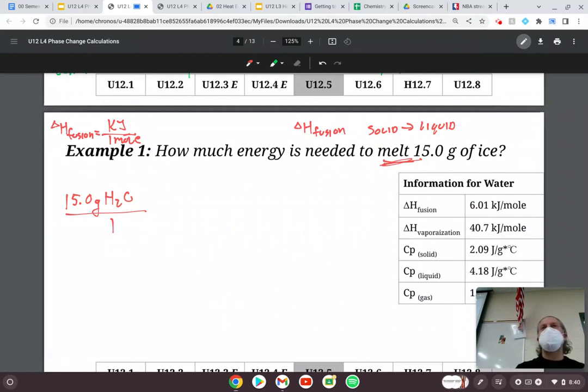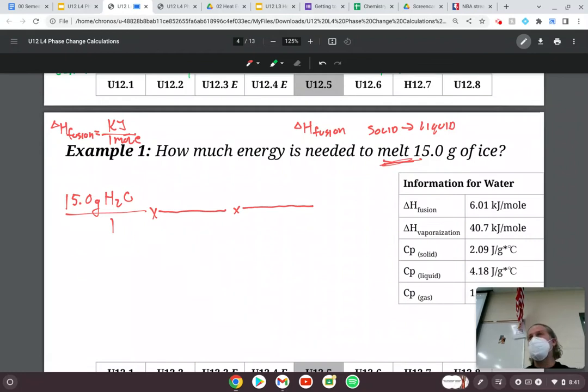If I have grams or mass of ice, what should I convert grams or mass of ice to in order to get to energy, kilojoules? What should I convert my 15 grams to so that I can eventually get to kilojoules? Moles, right? So I'm going to go mass to moles and moles to eventually energy.